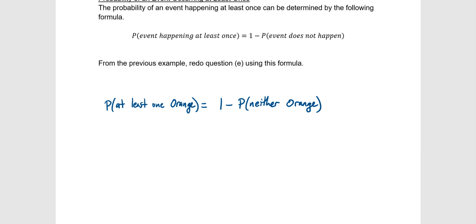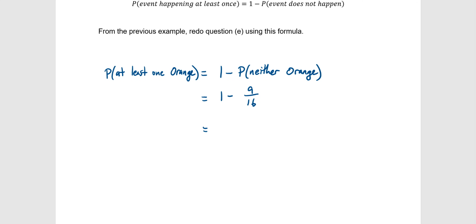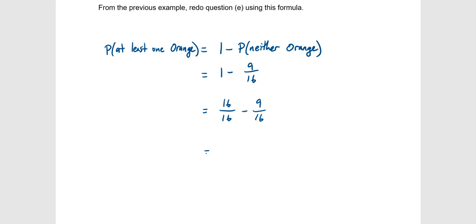So this is going to be 1 minus 9 over 16. And we have to remember how to get common denominators here. 1 can be rewritten as 16 over 16 to get a common denominator. Now all we have to do is subtract the numerators and we get 7 over 16.